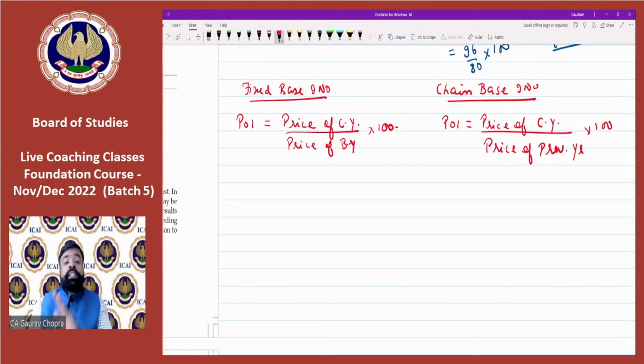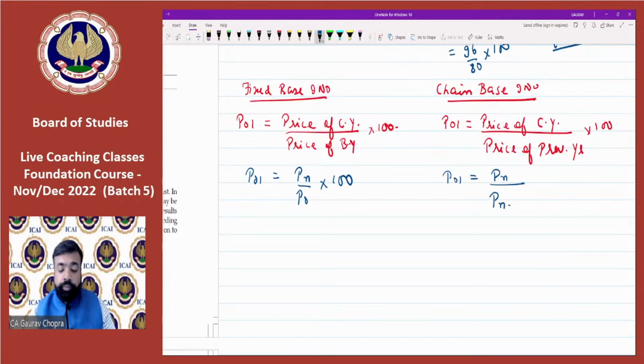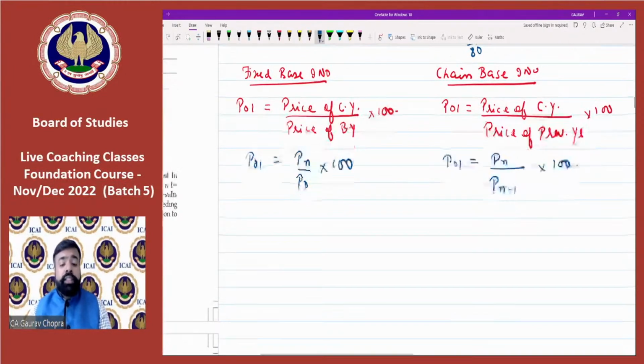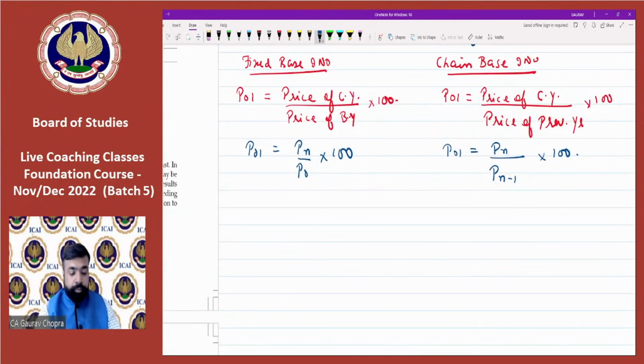You have to compare with the previous year. So in fixed base, we can write P01 is equal to Pn upon P0 into 100, or even P1 upon P0 into 100. But in chain base, we write Pn upon Pn minus 1 into 100. So here comparison is always done with the previous year.